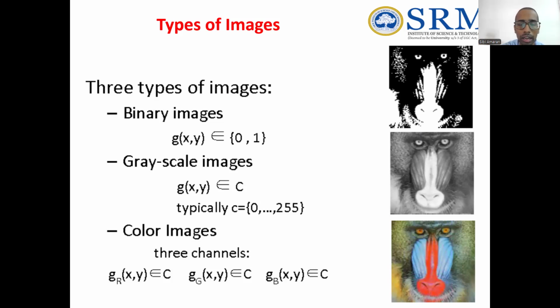And the last one is a colored image. So g of R represents the red, G represents the green, B represents the blue. That is known as the RGB and it is equally segregated as 8-8-8 bits. So totally 24 bits I'm going to use.